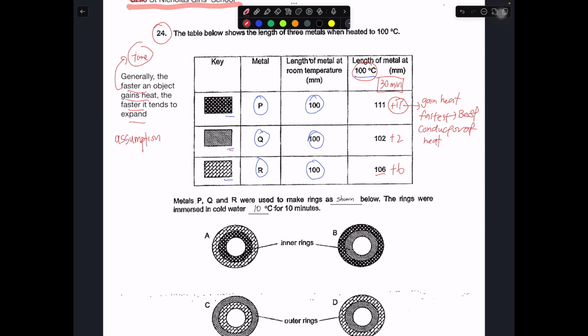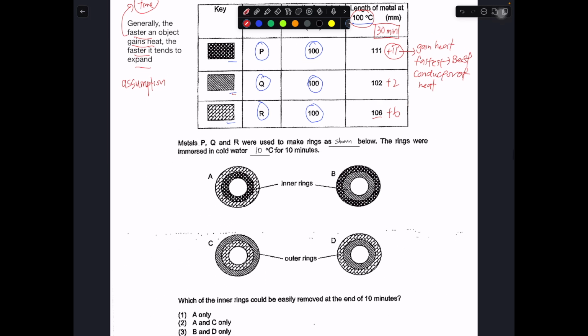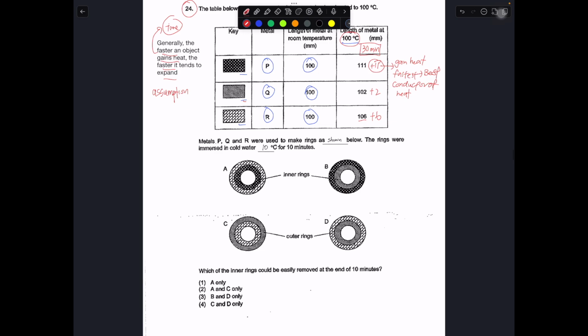So they are trying to tell you, in terms of its ability to conduct heat, the best to the poorest. P is the best, followed by R, and Q is the poorest, due to the different amounts that are expanded: 11, 2 and 6.